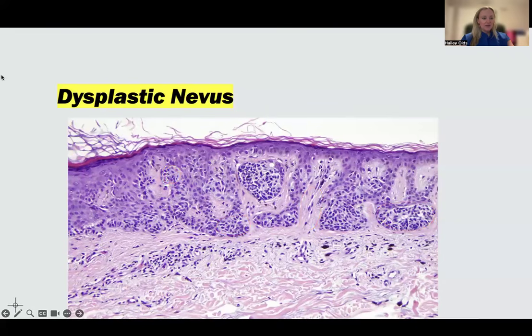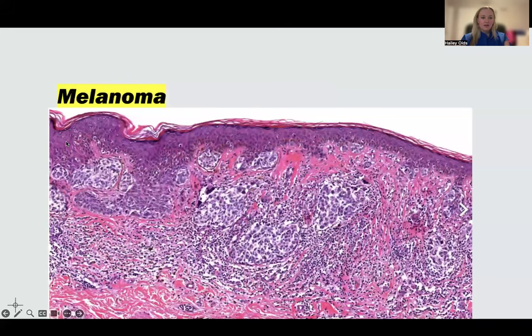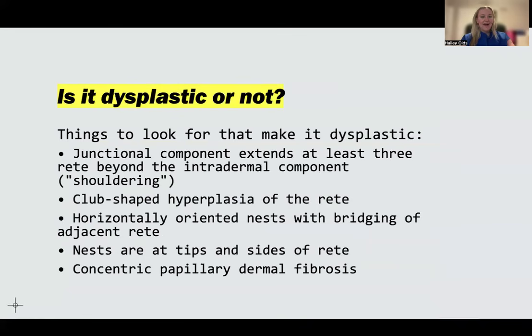Let's go back to that last slide and make sure I didn't miss anything on that. Oops, too far. Okay. Oh, and then there's also something called shouldering, which means that if this is your dermal epidermal junction, and you have nests in the dermis, you have nests at the dermal epidermal junction.